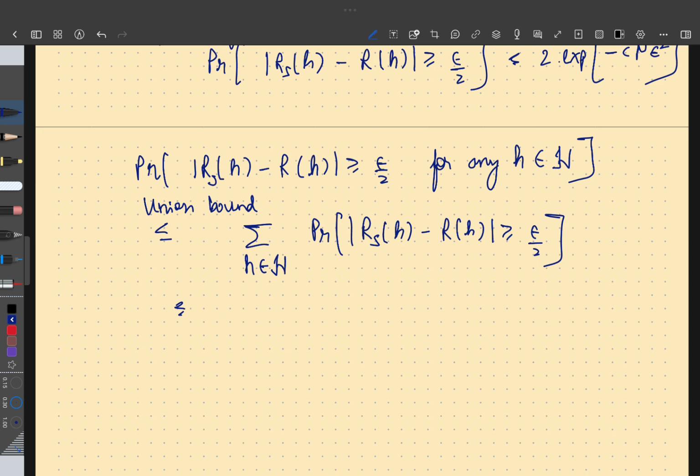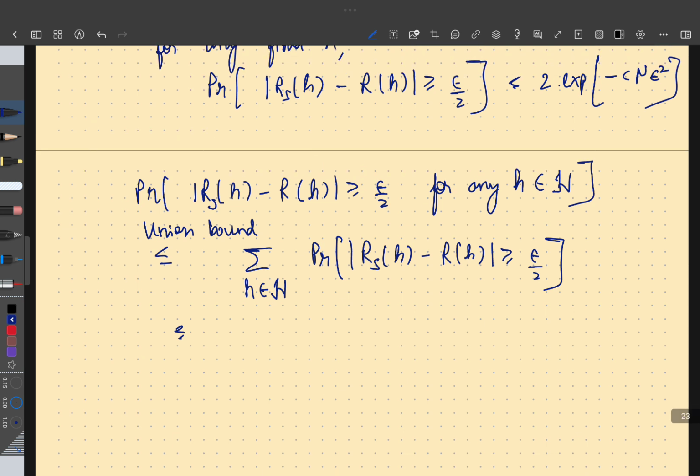And we know that this is upper bounded by 2 times e raised to minus some constant times n epsilon square. So this is just the size of h times 2 e to the power minus some constant times n epsilon square, where this constant will of course depend on the bounds on the loss function.